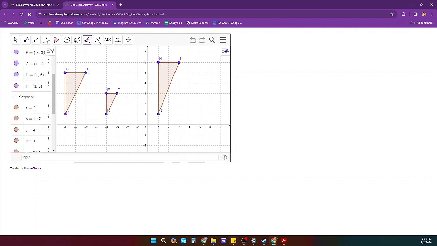And we could double verify by checking out the length of AB compared to that of HG. So we have a ratio of 4 to 5, but BC is equal to HI. So the proportion does not hold for all sides.